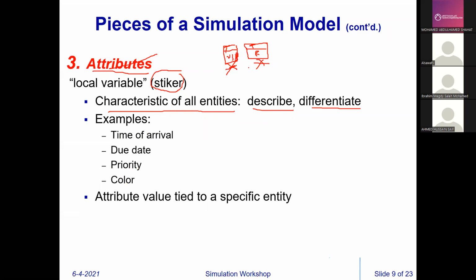So later, if I want to distinguish between them in the middle of the model, I can just look at that sticker and tell who is critical and who is not. Or maybe differentiate using color: this color is red, the other one is a different color, and so on. The important thing is that we are using attributes, or those stickers, just to distinguish between the entities. So later I can pick up the VIP customers and keep all other regulars for a different stage and so on.